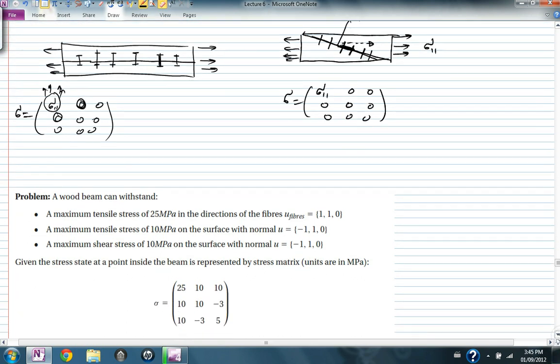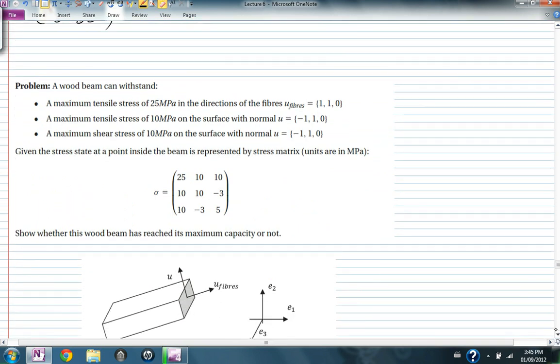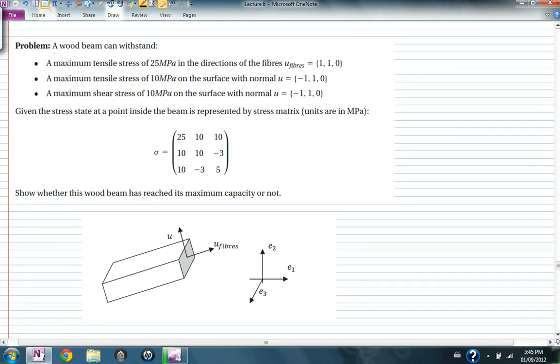So first, we're going to present an example that discusses stress-based failure criteria in a general continuum. And we're going to start with a very general material, a wood beam.